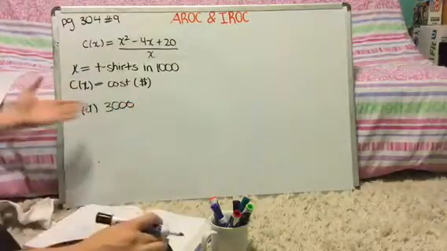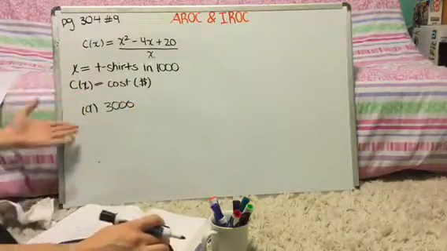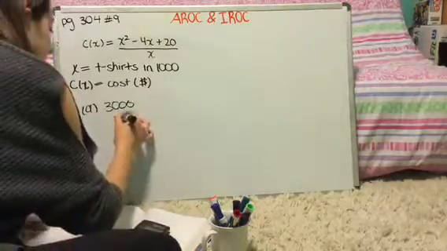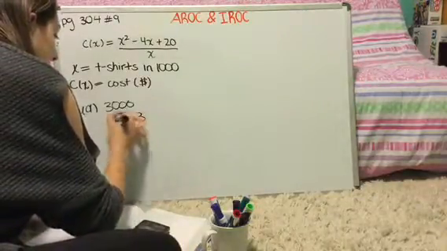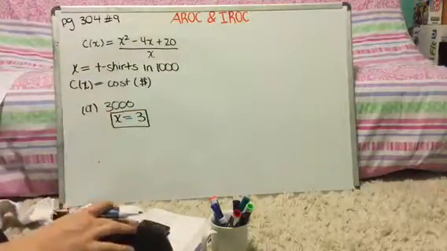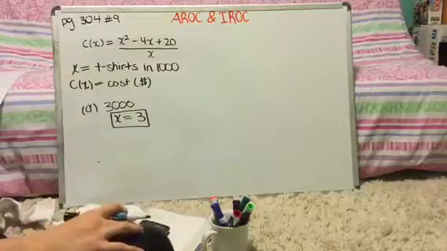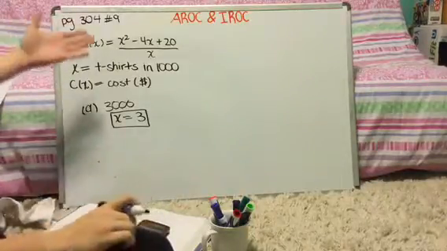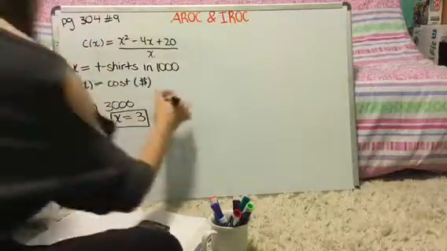In this question, it's giving you the value of x, 3,000. However, x is not actually 3,000. x is equal to 3. We know this because the question states that x represents t-shirts in thousands. Therefore, x plugged into the equation is 3.